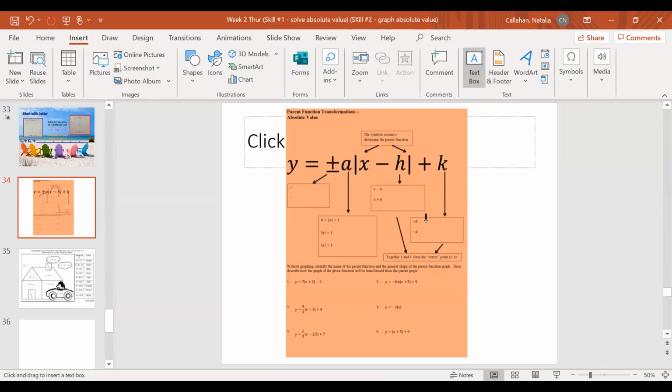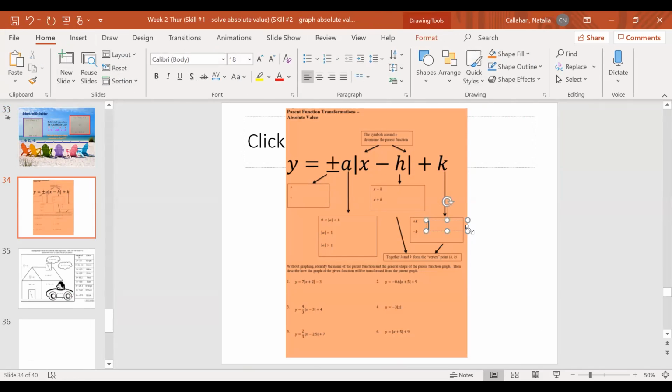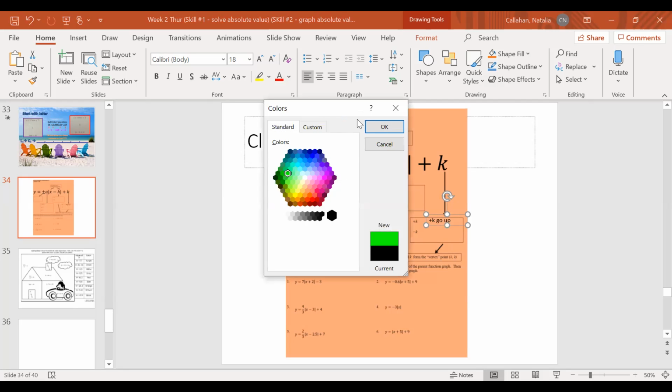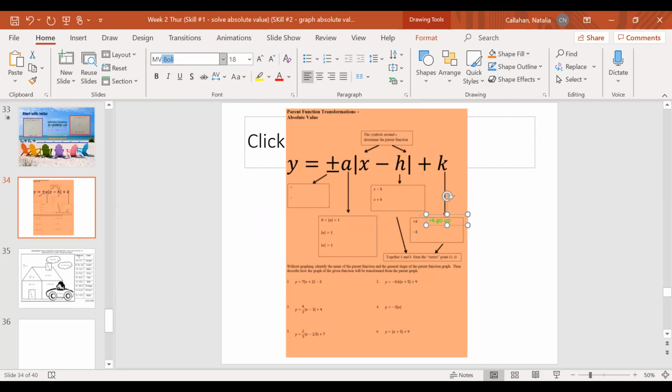Okay, so with a K, remember the function, how it goes is if it's a plus K, you go up, okay? So make sure you guys copy this part down and put it into the little boxes. Let's change this color so it's a little bit easier to see.